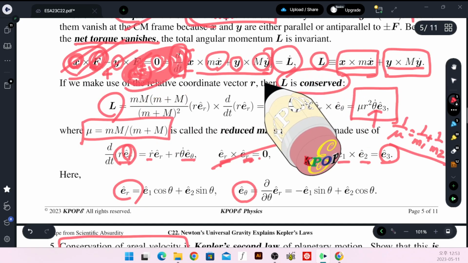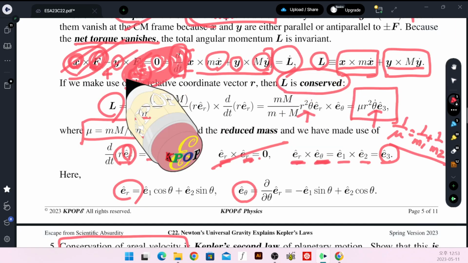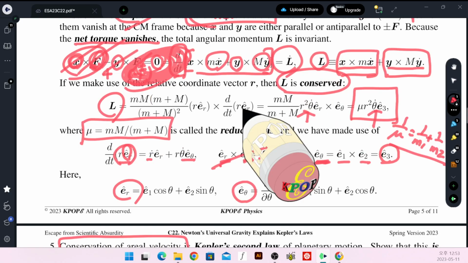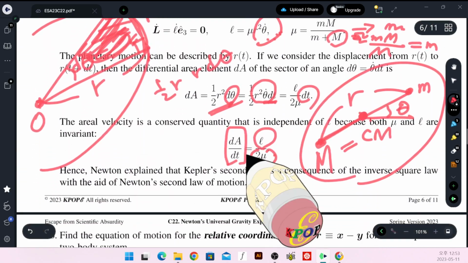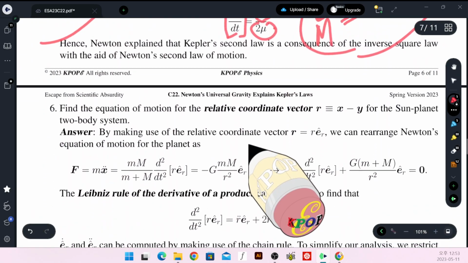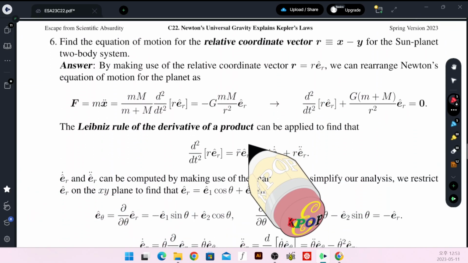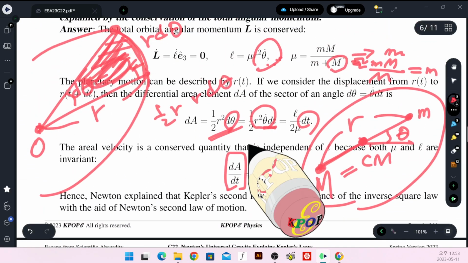The orbital angular momentum change is zero. That is, orbital angular momentum is a constant vector. Okay, so we have verified Kepler's second law, stating that the area velocity of a planet is constant.